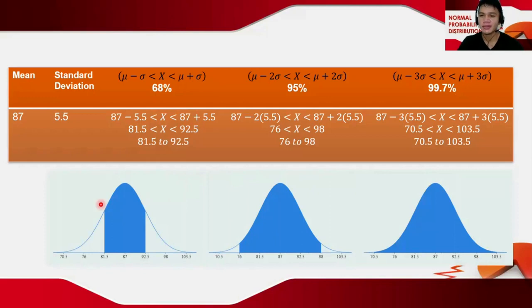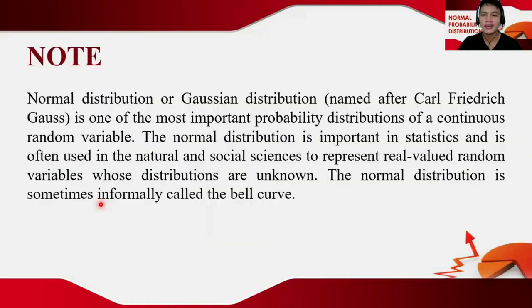Now, since we already mentioned the z-score or the standard normal distribution, let's talk about it, but before going any further, allow me to give you this note. Note that the normal distribution or Gaussian distribution, named after Carl Friedrich Gauss, who formed the Gaussian distribution, is one of the most important probability distributions of a continuous random variable.